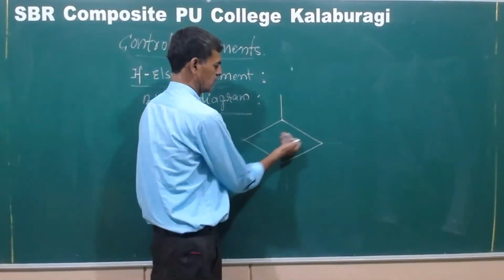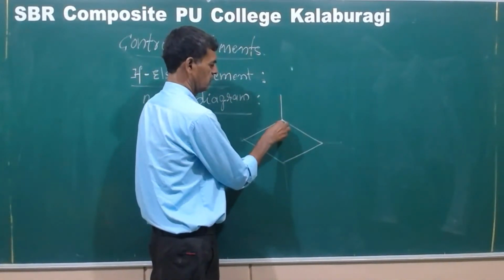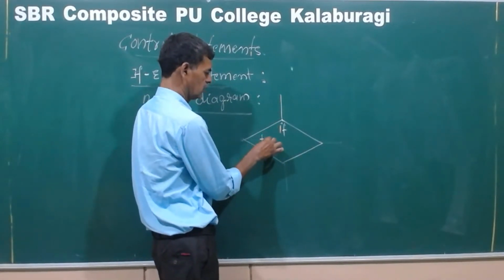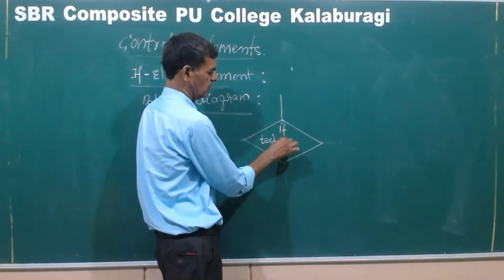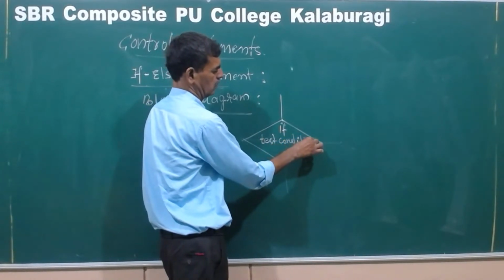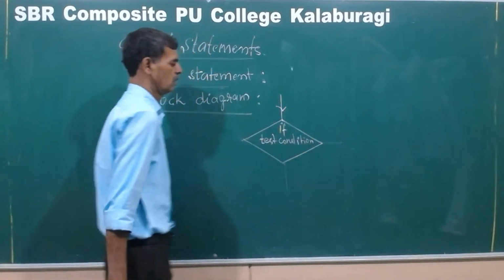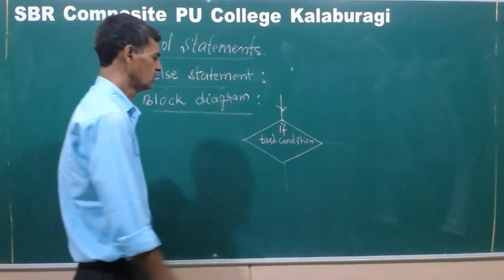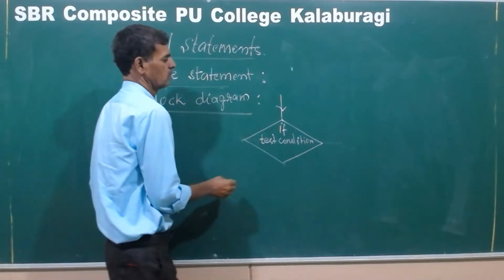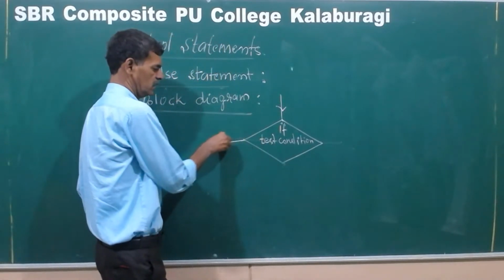Here, if test condition. If test condition is true, control goes this side. You can find anyone.